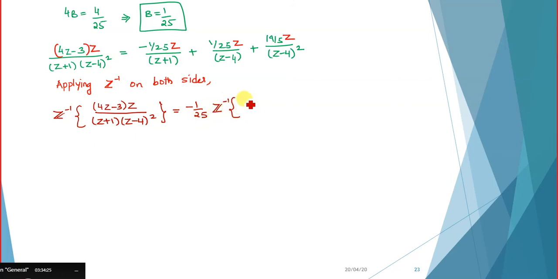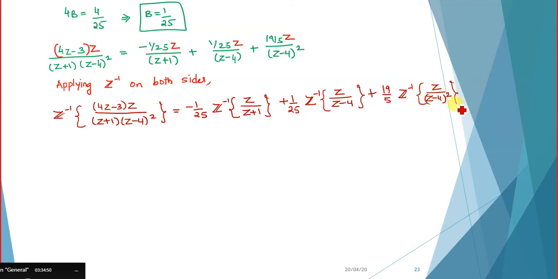Inverse z transform of z over z plus 1. Plus 1 over 25 is a constant. Inverse z transform of z over z minus 4. Similarly, this 19 over 5 is a constant. Inverse z transform of z over z minus 4 to the power 2.